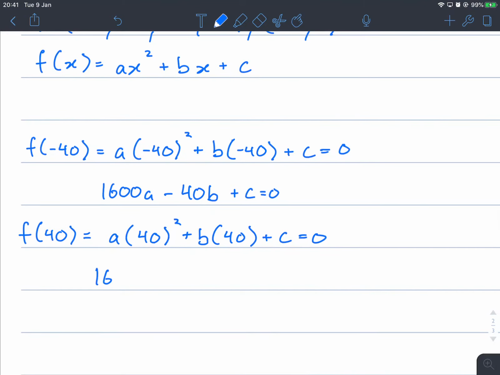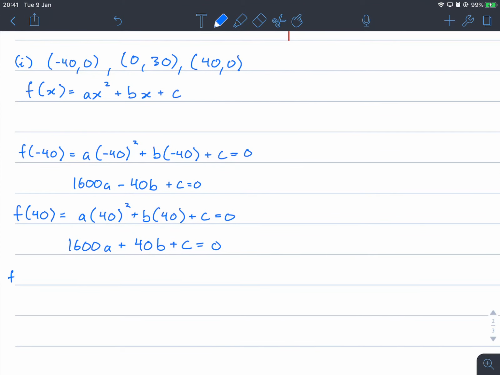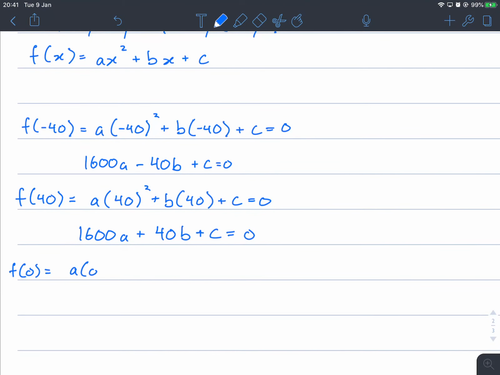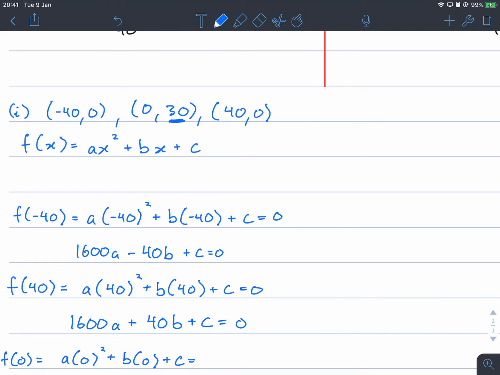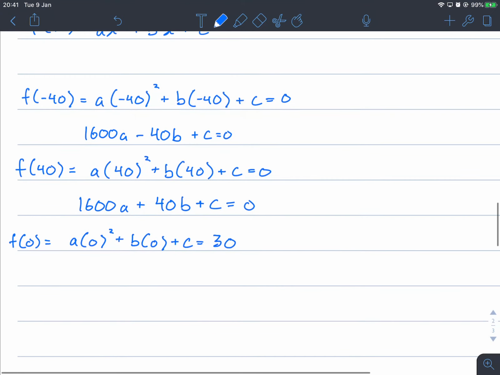This is going to give us a similar solution, 1600a plus 40b plus c is equal to 0. That's our second substitution. And our third one, f of 0 is equal to, well, a times 0 squared plus b times 0 plus c is equal to 30. And that's very simply, c is equal to 30.